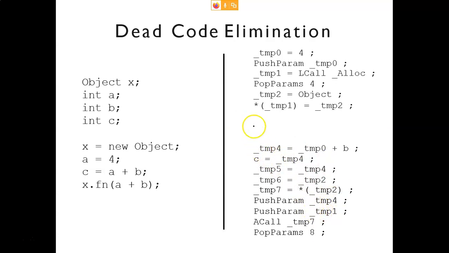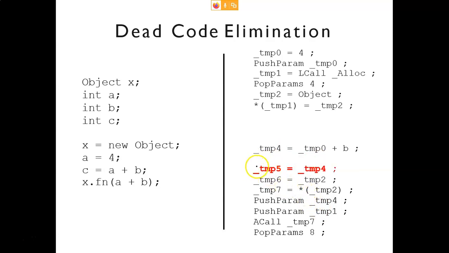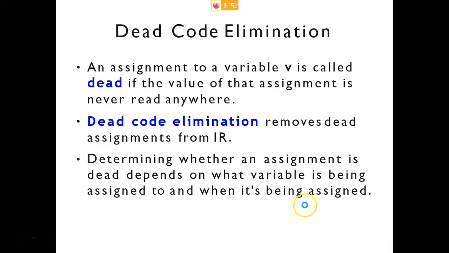You can delete this C too, because after this definition you are not using C anywhere. You can delete this also, because you are not using temp5 anywhere after this definition. You can delete this too, because you are not using temp6 anywhere after this definition.